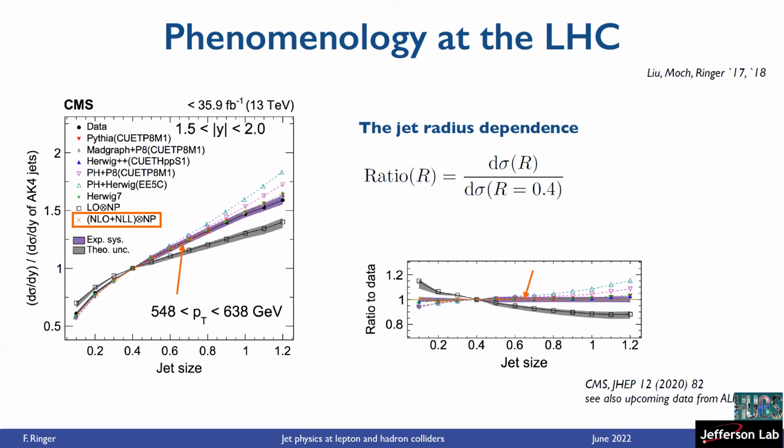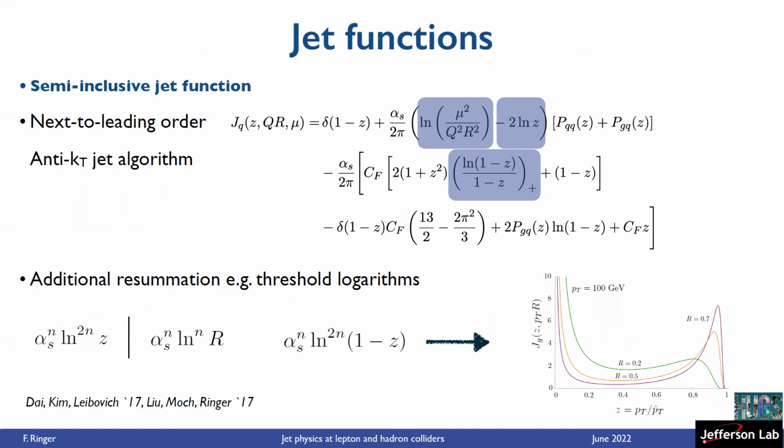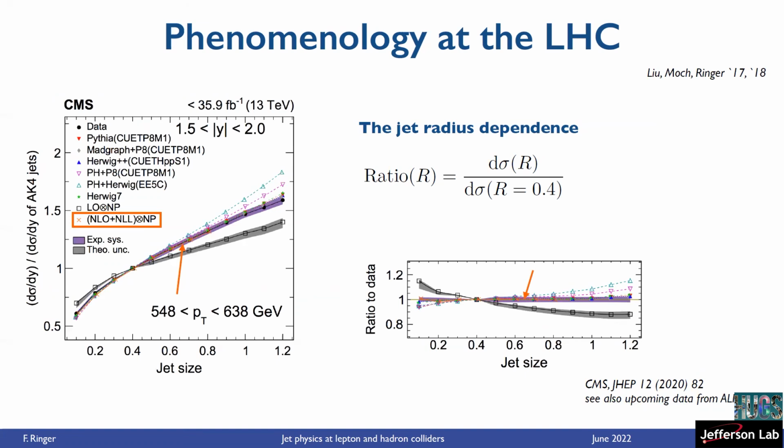So it's very often difficult to say whether these logs that you see here are something you should worry about in the fixed order calculation when multiplied by alpha s, or whether this one is problematic. And it turns out this one is actually the one that you have to really worry about. This one is not that important. That's a weird thing of QCD, that you don't know until you actually give it a try.